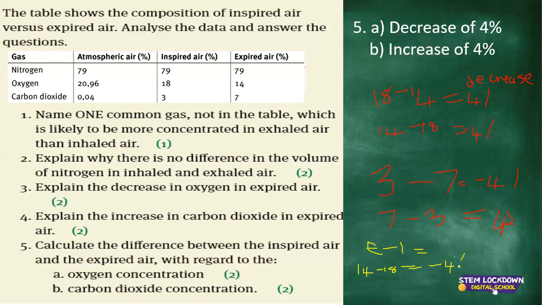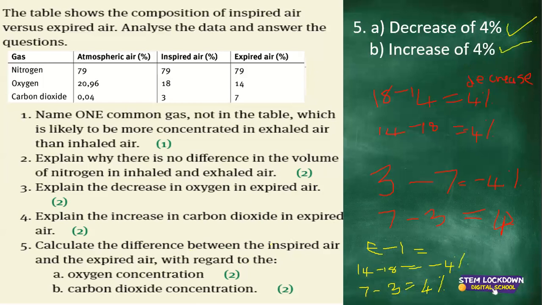That is why we've written it as a decrease of 4%. For the carbon dioxide, expired air is 7%, inspired air is 3%, so it's 7 minus 3, which is equal to a positive 4%. That is why the answer there is an increase of 4%.